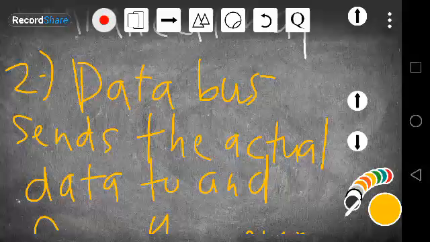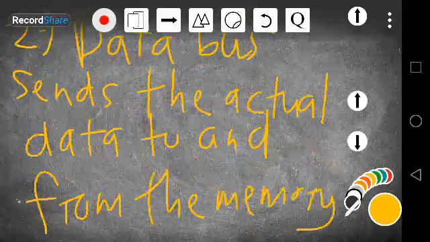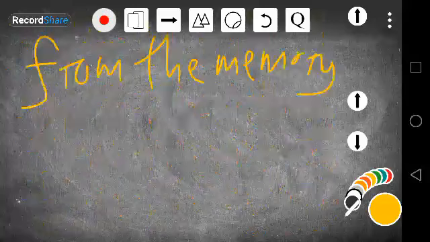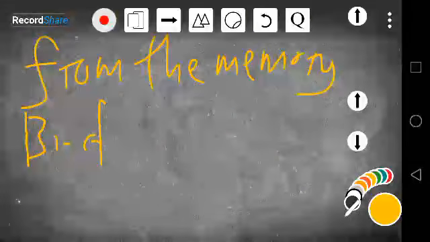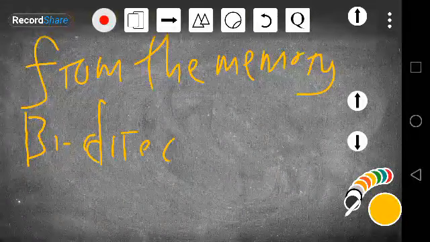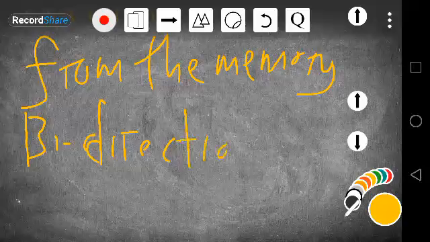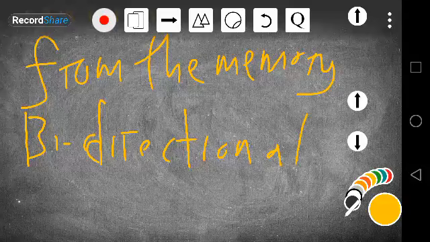All right? I'm sure this is making sense. And this one is bidirectional. Meaning to say, data can be sent from the CPU to the RAM and from the RAM to the CPU. Okay?